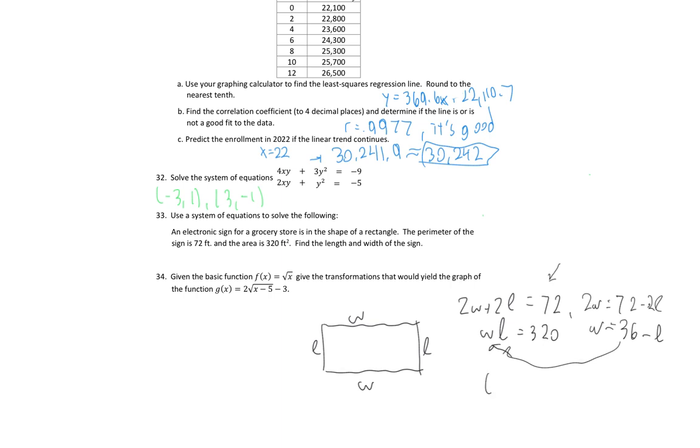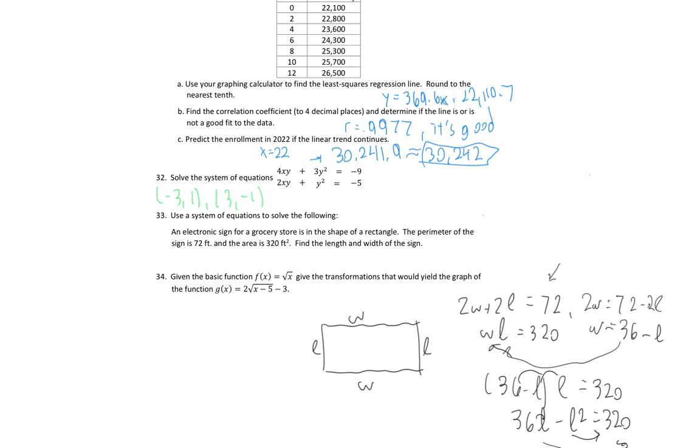So 36 minus l times l equals 320. Distribute my l, so 36l minus l squared equals 320. I'll add my l squared over and subtract my 36l, so 0 is l squared minus 36l plus 320.